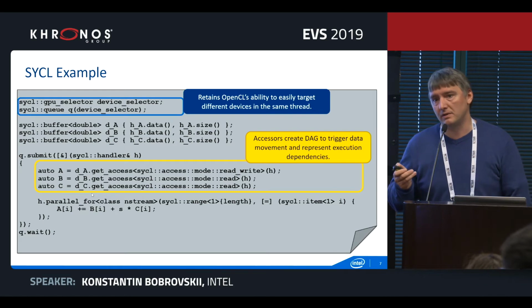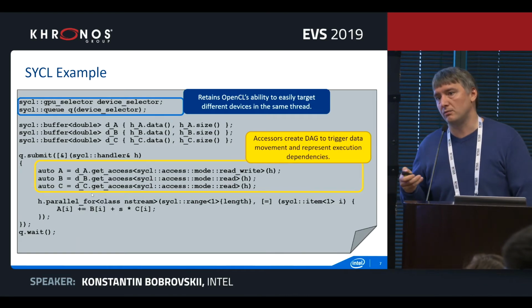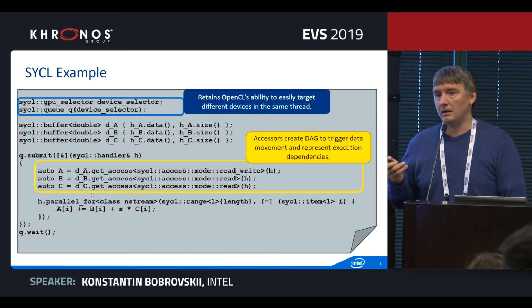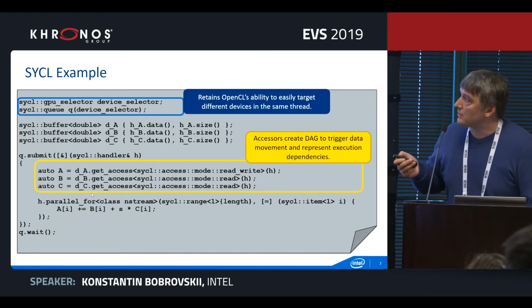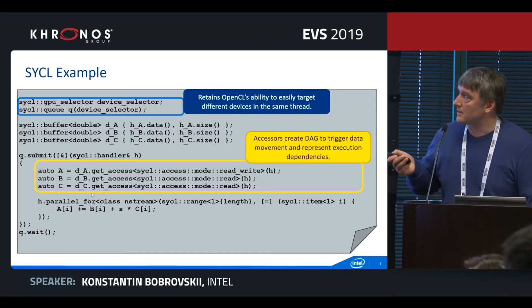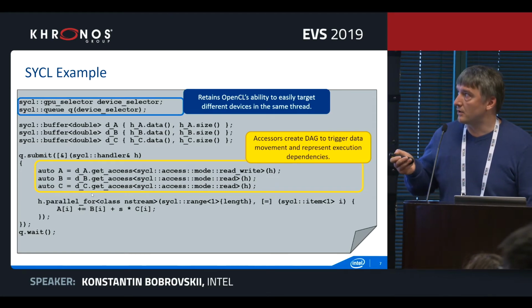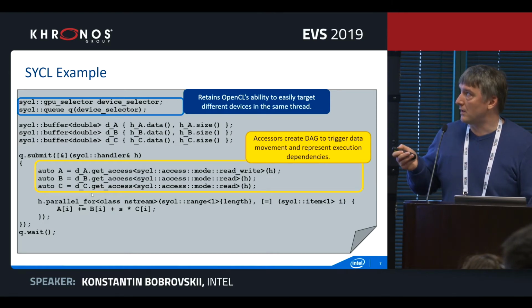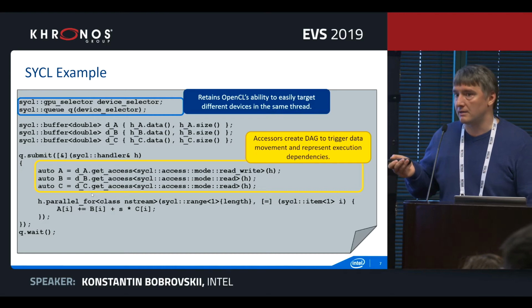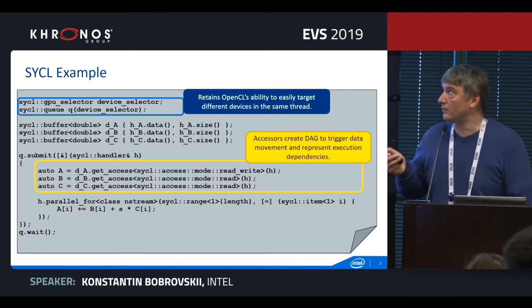So if you have multiple kernels and multiple buffers, and one kernel writes to buffers, others read from them, the SYCL Runtime is able to automatically detect all dependencies and schedule the work to preserve correctness. You can think of those accessors as a kind of projection of those buffers to the particular device associated with this queue. There can be another queue, and those buffers could be used in another queue on another device. That would be another projection of those buffers.